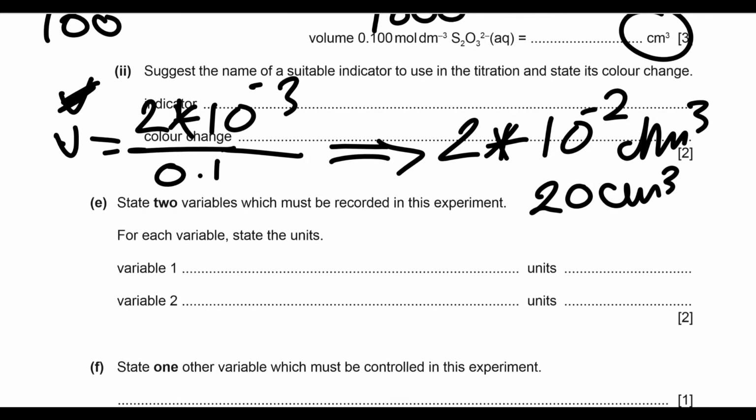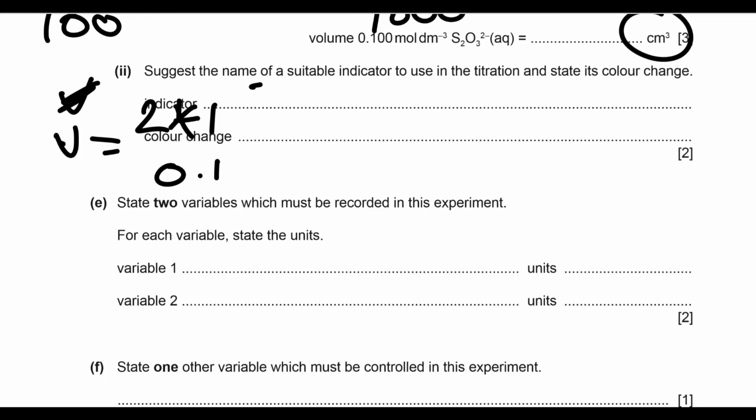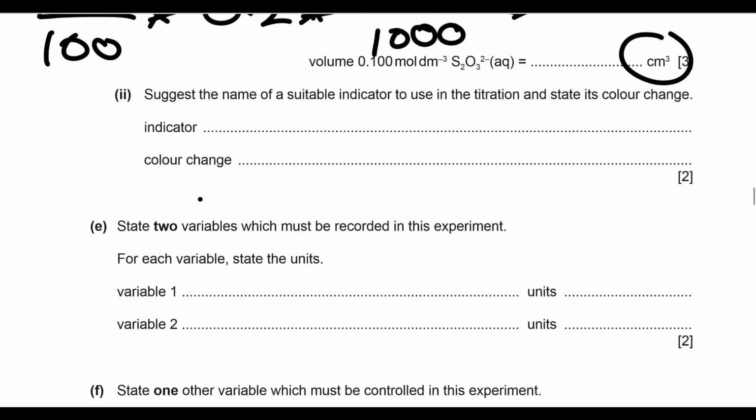Okay, so in the question double I, let me remove this part. Here in this experiment you made a titration with iodine and thiosulfate.